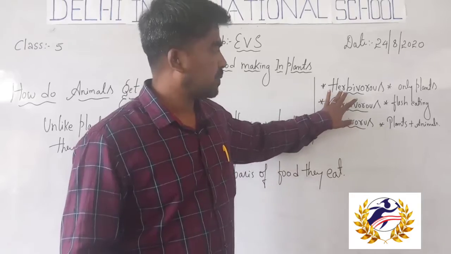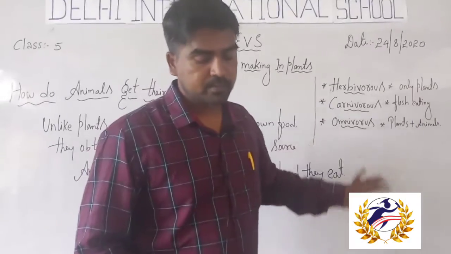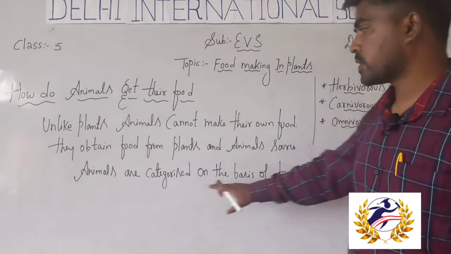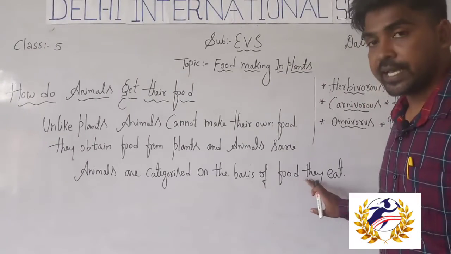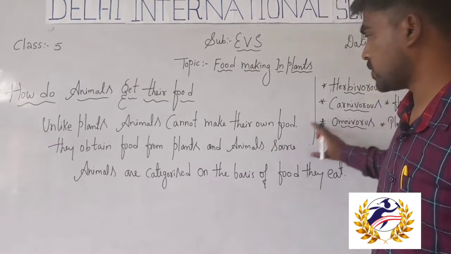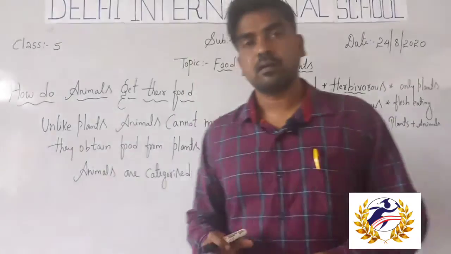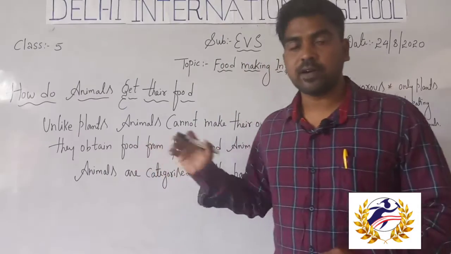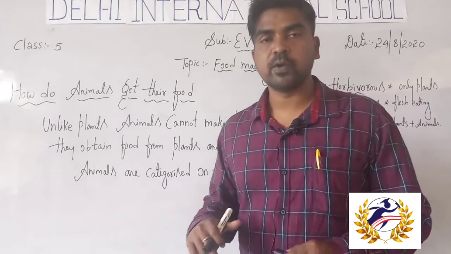Once again, herbivore, carnivore and omnivore. These are the categories. Animals are categorized on the basis of the food they eat. These are the three types of animals we can see in our daily life. Regarding this we are going to learn in this class.